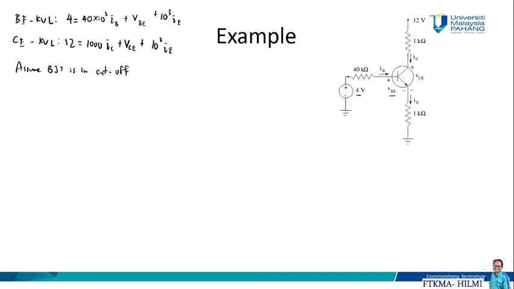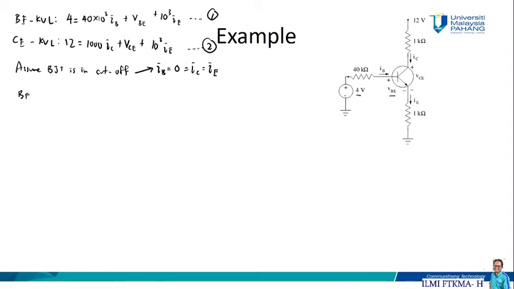So when we say that it's in cutoff, it means that IB will be equal to 0, equal to IC equal to IE. And we are going to use this value inside the BE KVL equation. So this is our first equation, and this is your second equation.